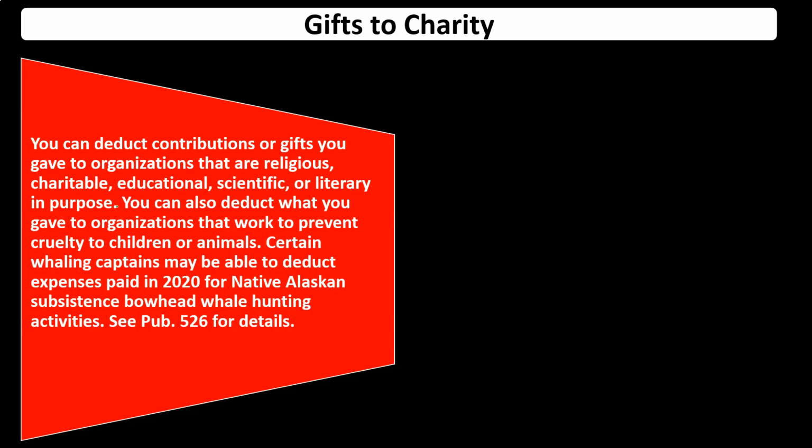You can also deduct what you give to organizations that work to prevent cruelty to children or animals. Certain whaling captains may be able to deduct expenses paid in 2020 for Native Alaskan subsistence bowhead whale hunting activities. Now, I'm not sure this applies to 2020. I'm assuming this kind of rolls forward. This is obviously a specialized area within the code.